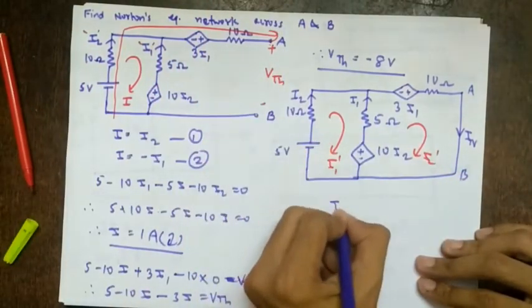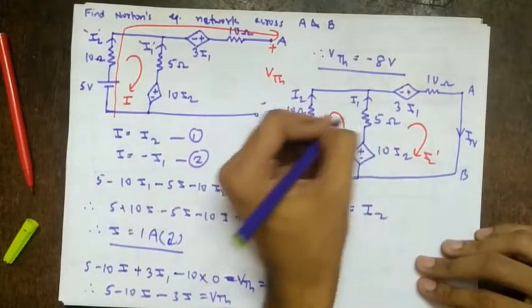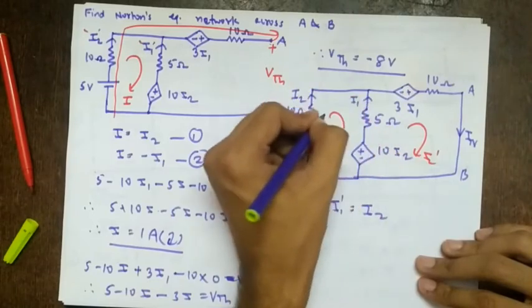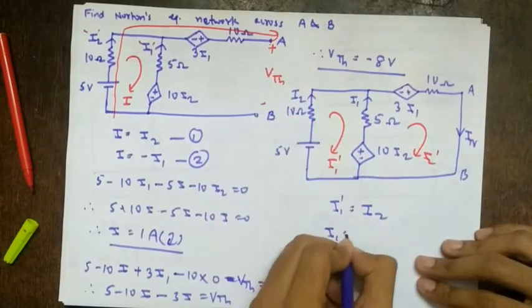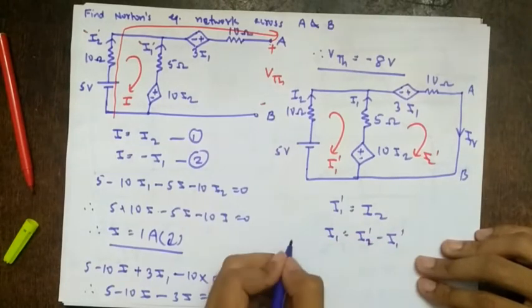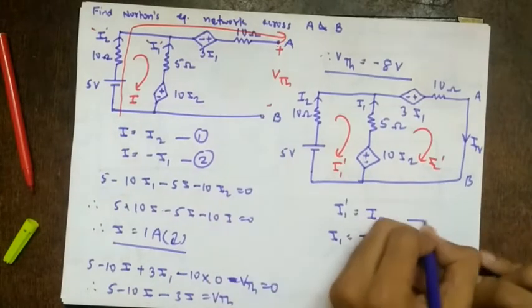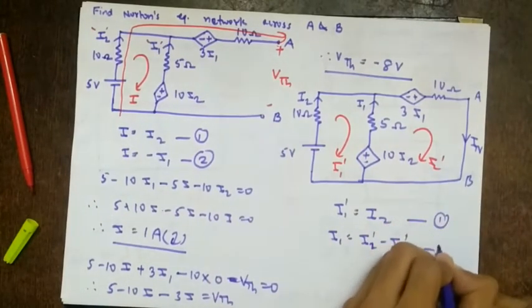So what is I1 prime? Equal to I2. What is plus I1? It will be I2 prime minus I1 prime. So I1 is I2 prime minus I1 prime. Yes. So this is equation 1, equation 2.